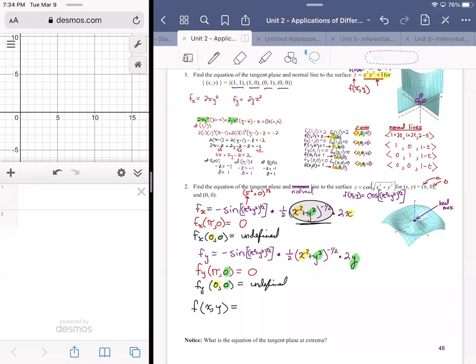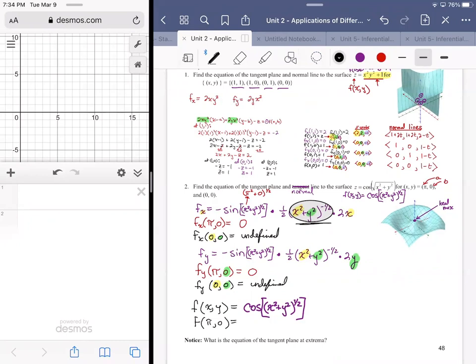We'll just reproduce it over here. I'm going to evaluate, we'll go with the pi 0 first. Evaluate it for pi 0.